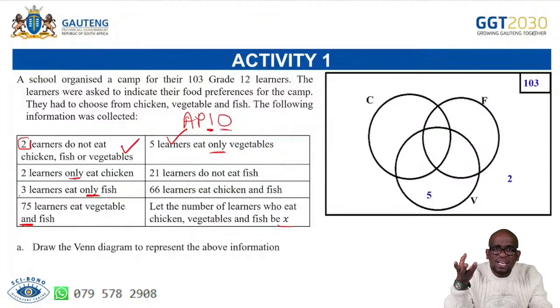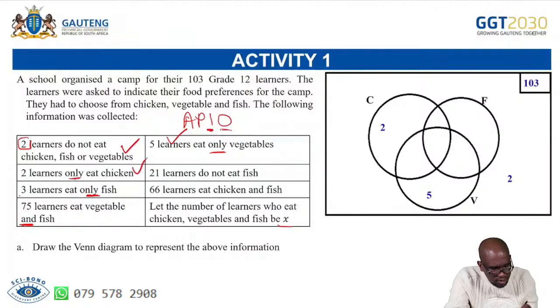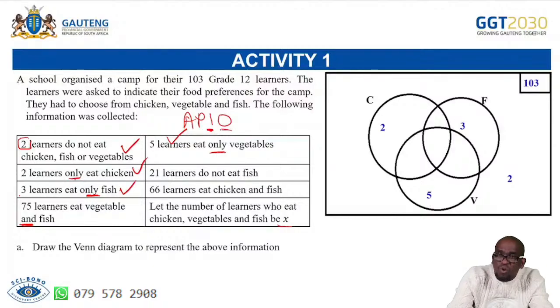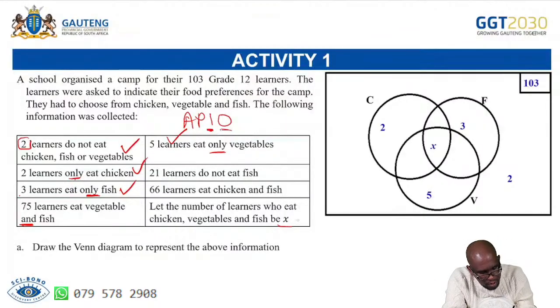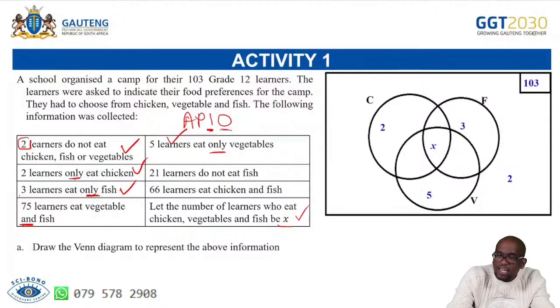Because we are certain about them, we can fit them in. Then we have 2 that eat only chicken, and 3 that eat only fish. Then we can look at the X learners that are eating all 3.